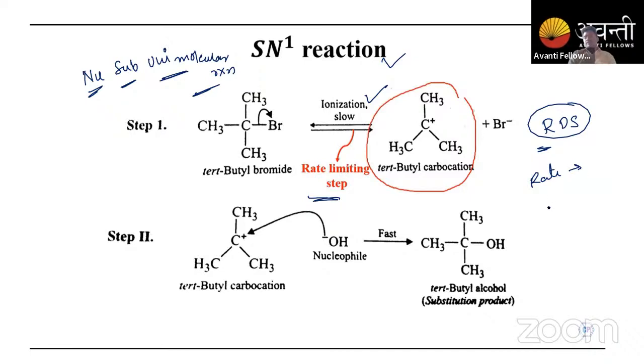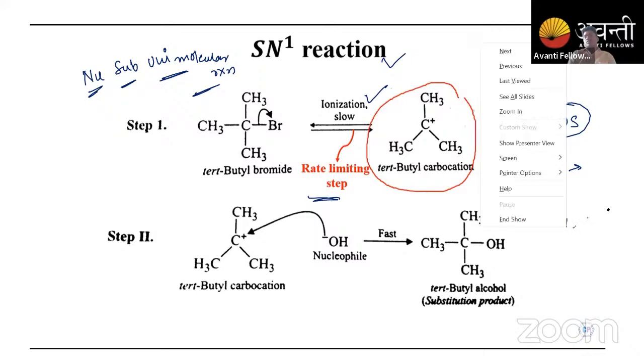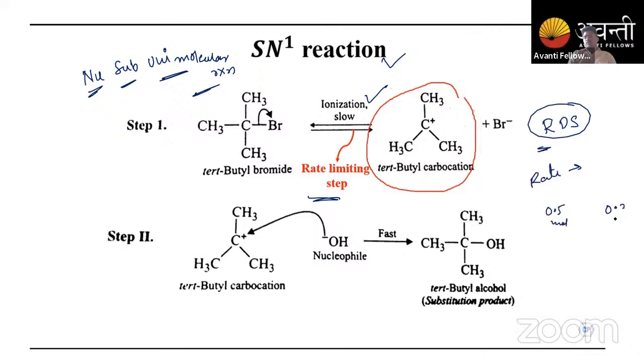Let's suppose you have 0.5 moles, and now it becomes 0.3 moles. The initial time is 0 seconds and the final is 3 seconds. If I ask you the rate of this reaction, you will write minus dc by dt.